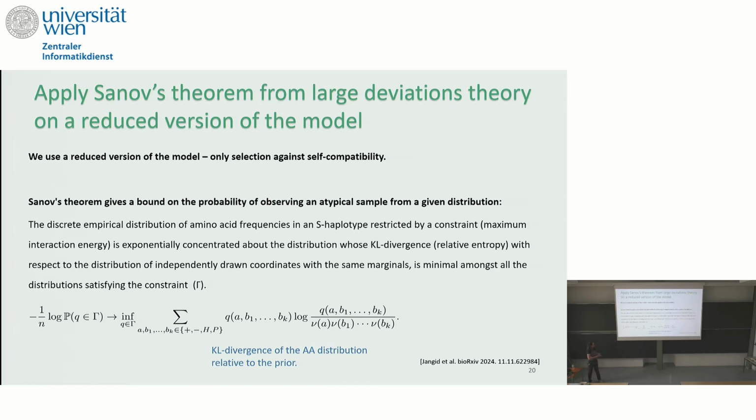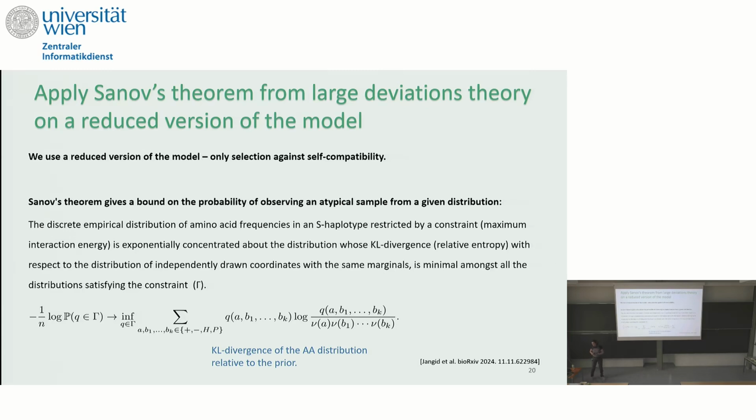And this theorem gives us the answer of what is the probability of getting such a sequence from gamma, which is the set of all the probabilities that obey this no self-compatibility constraint. And the probability is measured by the Kullback-Leibler divergence between this probability Q and the prior probability nu.